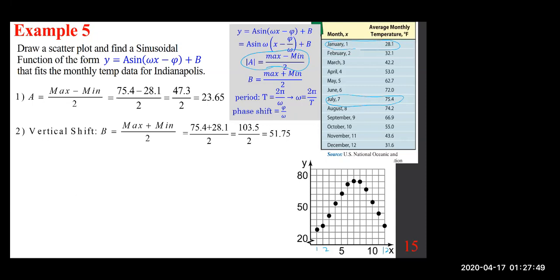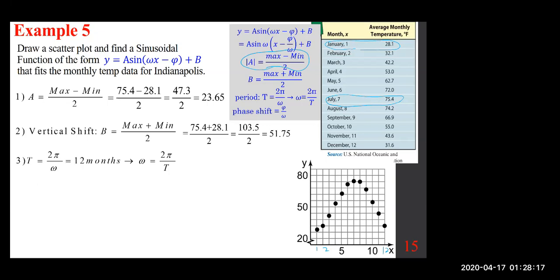Now we are looking at average monthly temperature. Agreed? That means it repeats itself every 12 months. So T is 2 pi over omega. That means the period is 12 months.